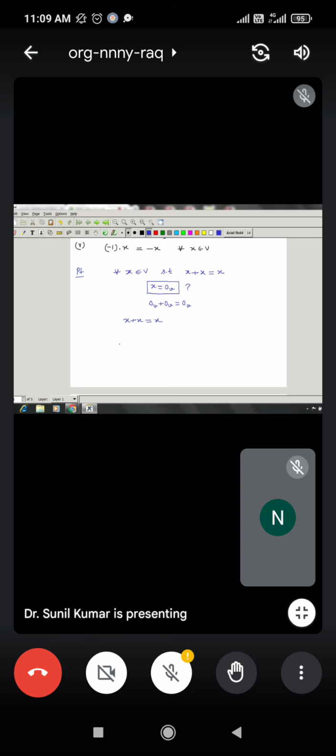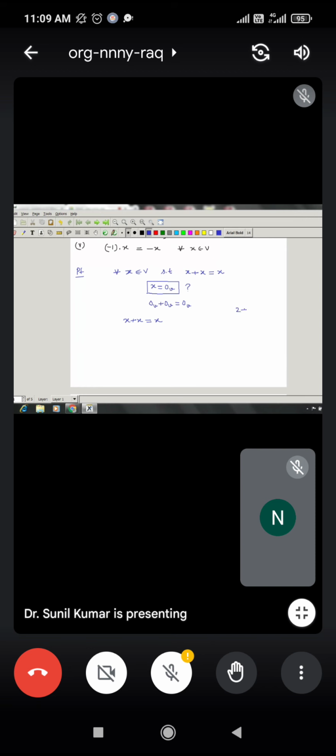Sir, multiply with 0 V on both sides? Sir, we simply do x plus x, so x is equal to x minus x, so x is equal to 0. Why do we take minus x? Because on the other side the value becomes minus.